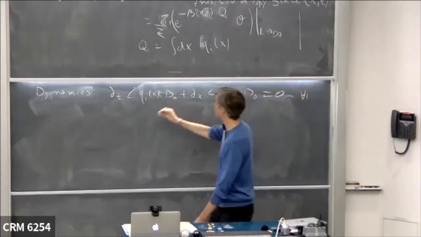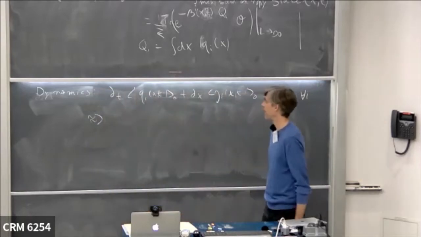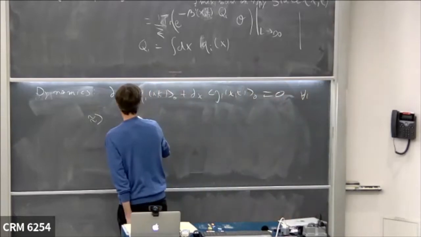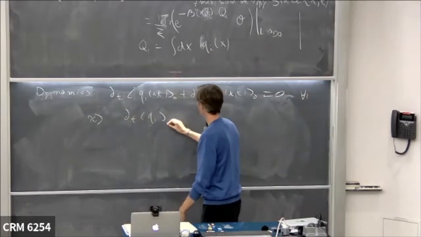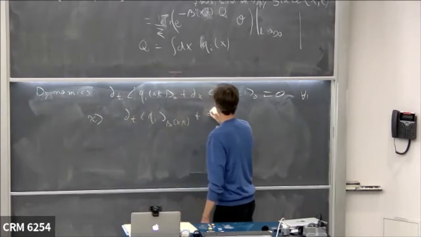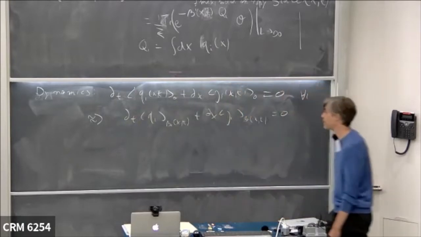And now you use, let's say, approximately imply or something, the Hydrodynamic approximation. So this is now dt of qi in this maximal entropy state, so that depends on the betas of x, t, plus dx of ji that depends on beta of x, t. And that must be equal to 0.